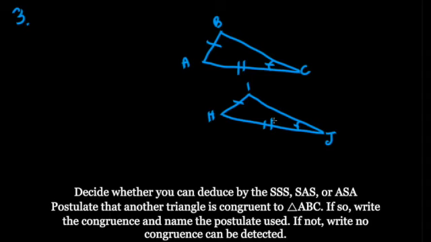In this case, angle C right here and angle J are not included. In order for them to be included, they would have to be located over here at angle A and over here at angle H because they would be in between the two known sides. So for these two triangles, we can say that no congruence can be deduced.